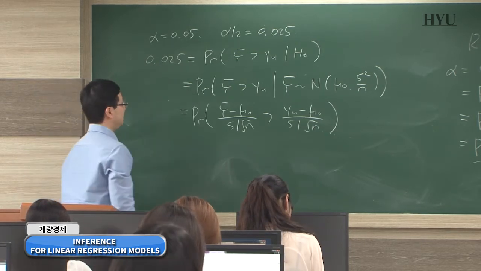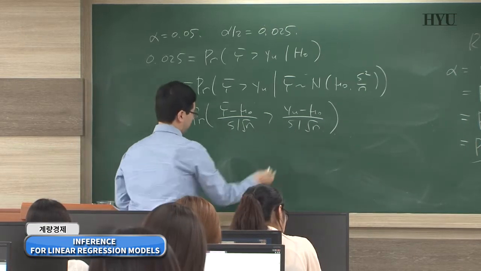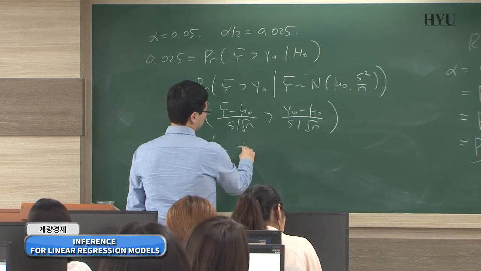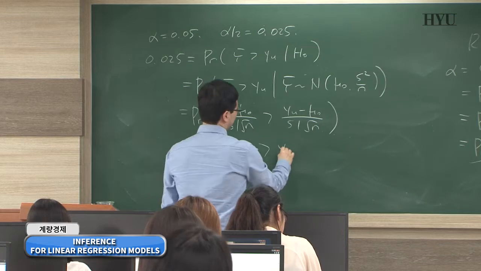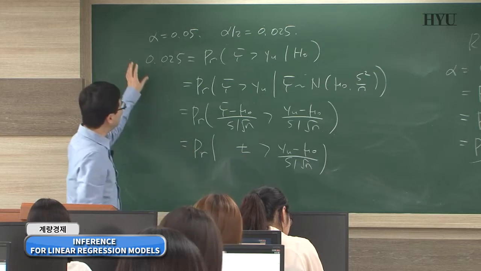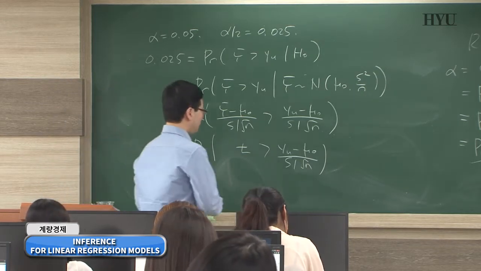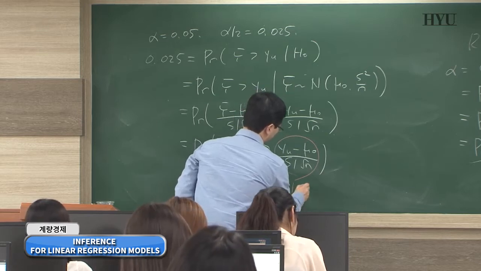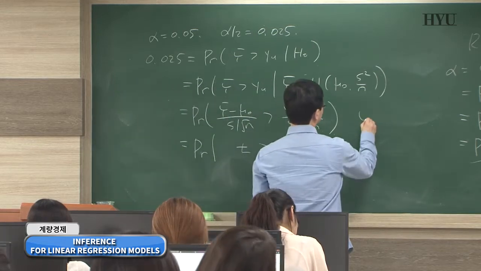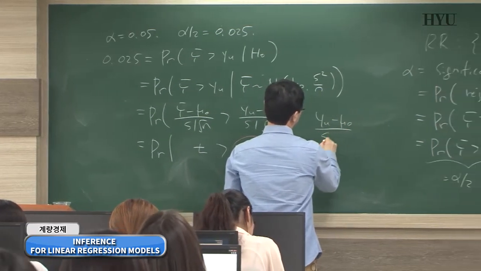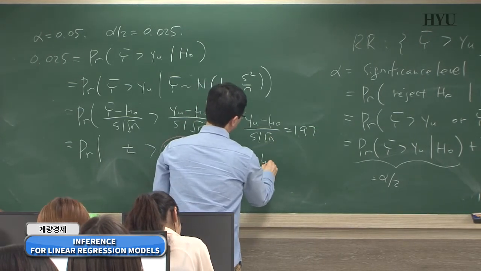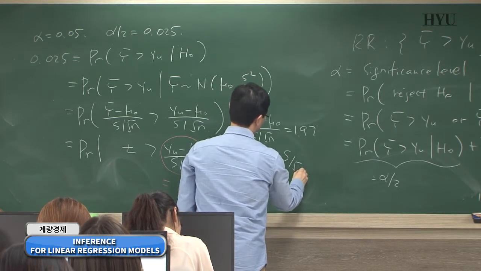When that's the case, it is when this value, oh, by the way, let me write one more step. Do you remember that this is the t value? Now, when this probability is equal to 2.5%, that's when this value is 1.97 or 1.96, it really doesn't matter. So we just find the rejection region to the right.